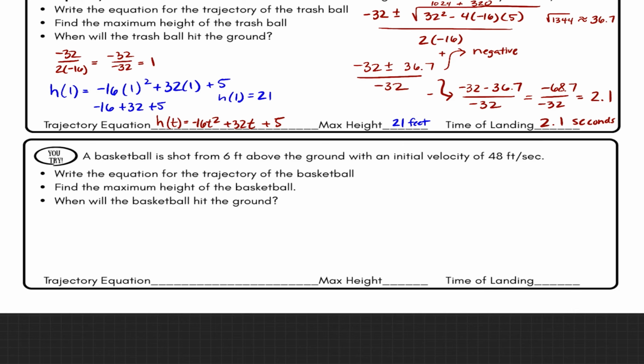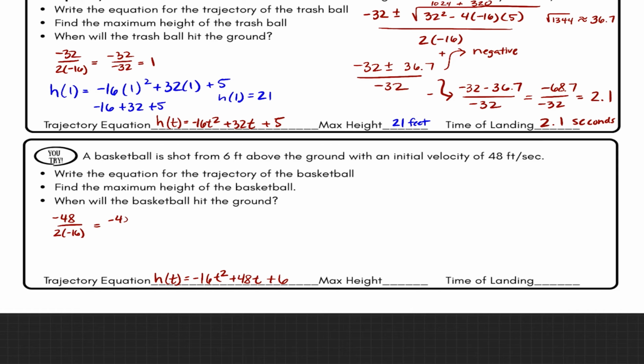A basketball is shot from 6 feet above the ground with initial velocity of 48 feet per second. So let's write our trajectory equation. It's going to be h of t equals negative 16t squared plus 48, that's our velocity, t, plus our starting height is 6. All right, now to find the maximum height. It's going to be negative b, so negative 48 over 2 times a, which is negative 16.